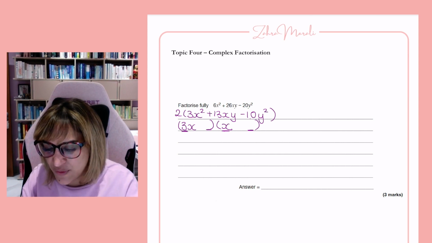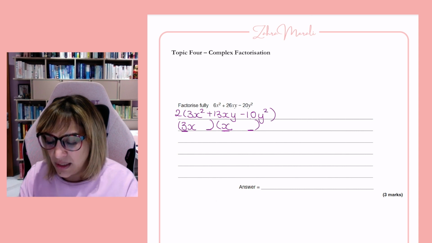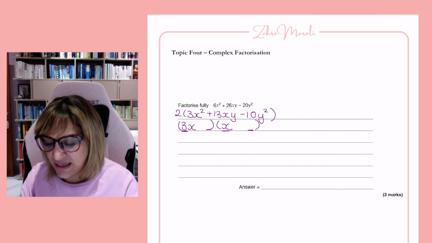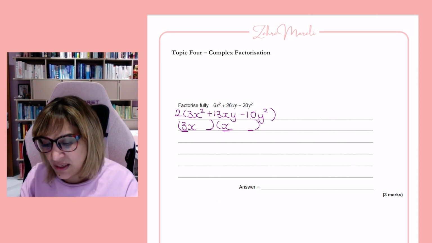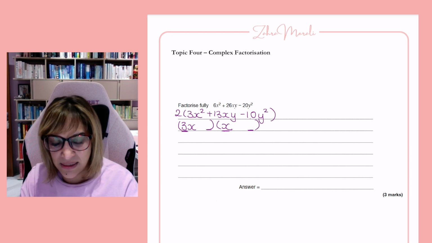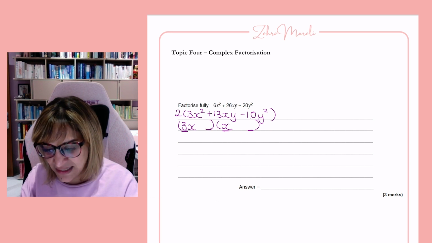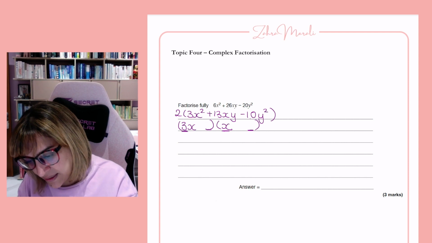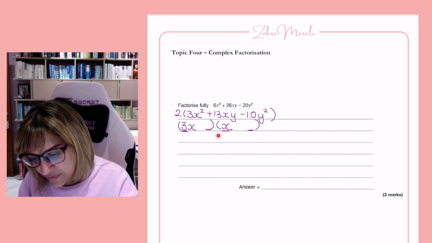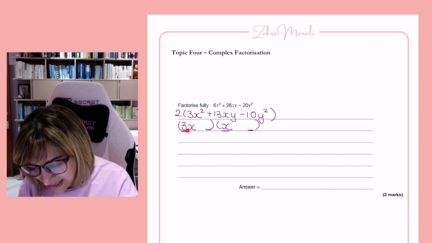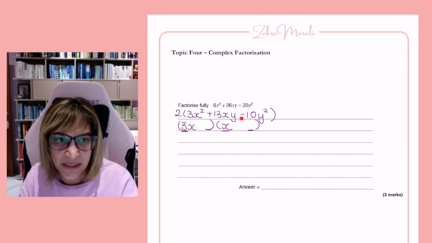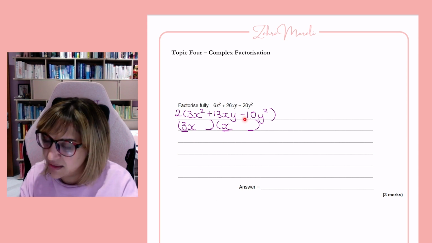Now I know if I use 10 and 1, 10 times 3 is 30, not going to give me 13. And then if I had a 10 over here and a 1 here, I've got 10 and 3, but there's no way for that to become minus 10.